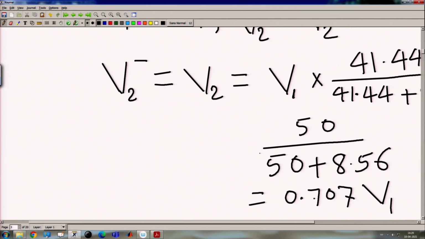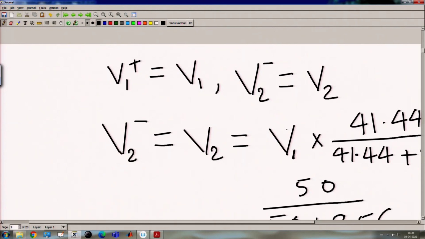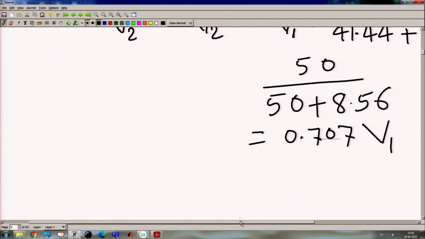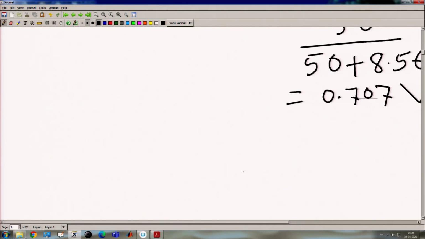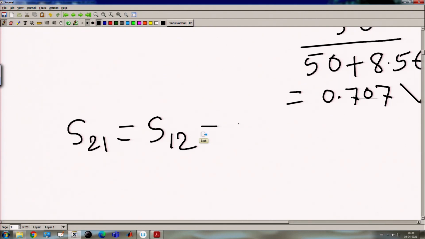So this is 0.707. We can write V1 as V1 plus and V2 as V2 minus. So we can write S21 equal to S12, because this is symmetrical from both sides, equal to 0.707.